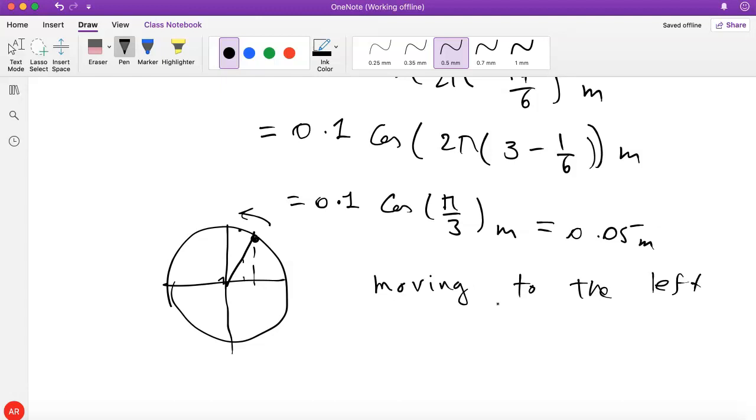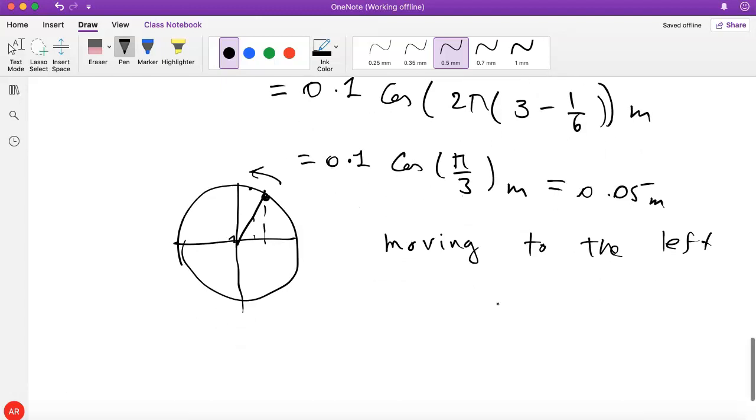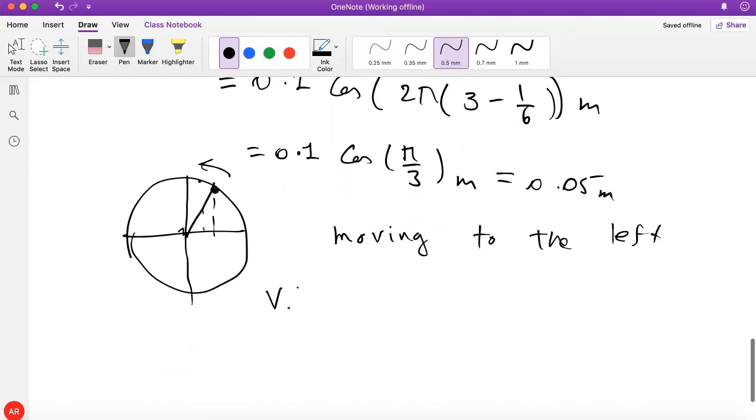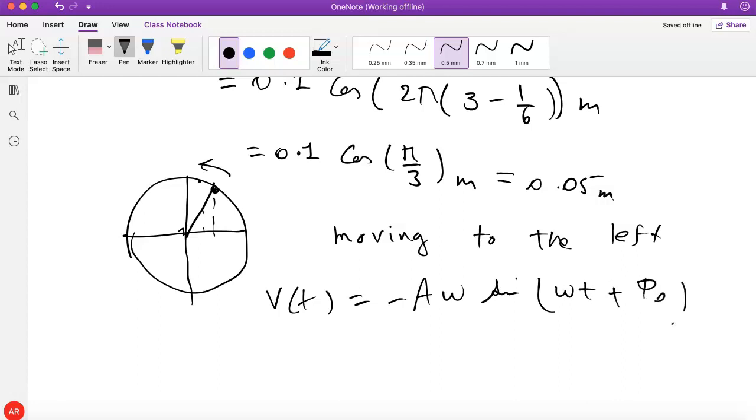If you wanted to calculate the velocity, again, it wouldn't be difficult, right? So what we would do is we say, well, v of t is minus a omega sine of omega t plus phi naught.